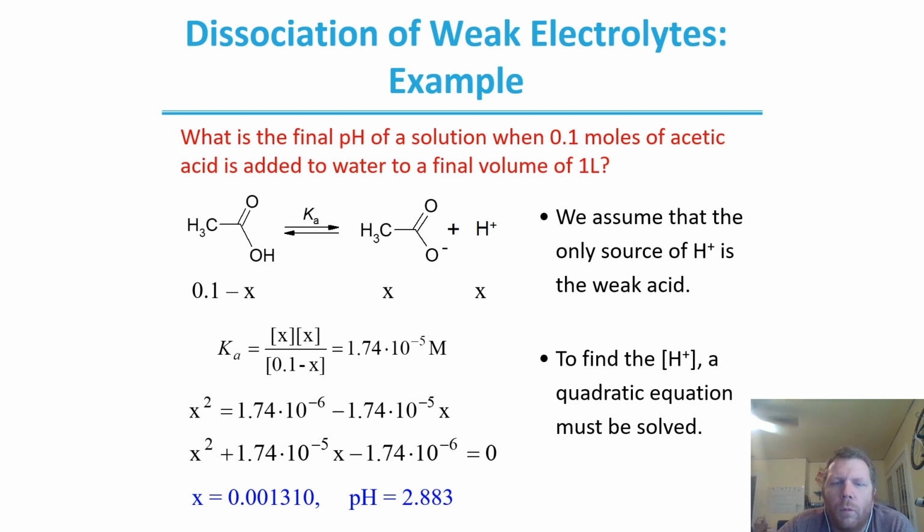Now, what we can do is assume that our acetic acid is the only source of hydrogen ions in this mixture. Now we have our K sub A, which is our acid dissociation constant. We know that we're starting with 0.1 molar, our initial concentration of acetic acid.